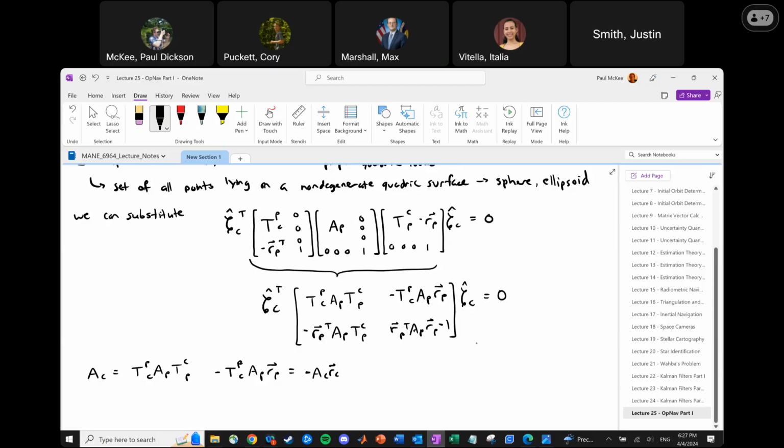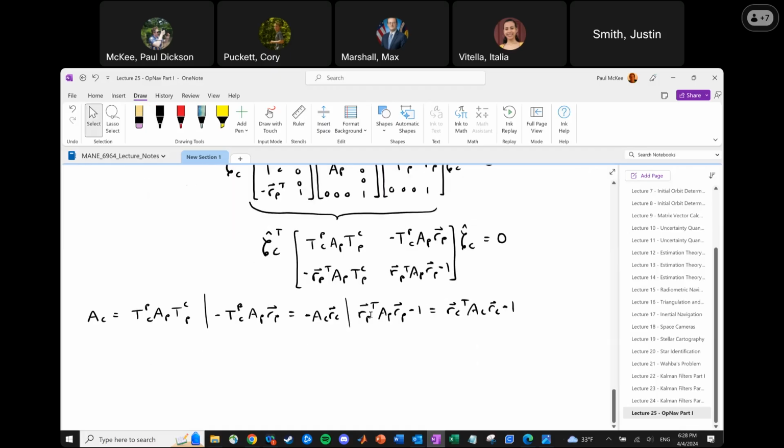Like we've just put it in the camera frame. So this is really three different bits of information here. R_P transpose A_P R_P minus 1, we already know that this is the same thing as R_C transpose A_C R_C minus 1. So this one on the right and this one on the left are not news. Those are already equations from earlier in the lecture. This one in the middle is news, but it hopefully makes some sense.